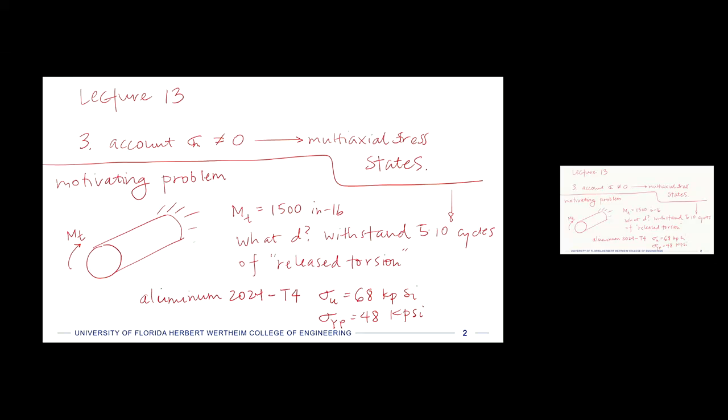So if we go and look back at the figure that they give us, the only reason they're giving us the material in the problem statement is so we can look up and see that at 5 times 10 to the 8 cycles, it has a fatigue strength, so sigma n is our fatigue strength, of 20 kPSI.